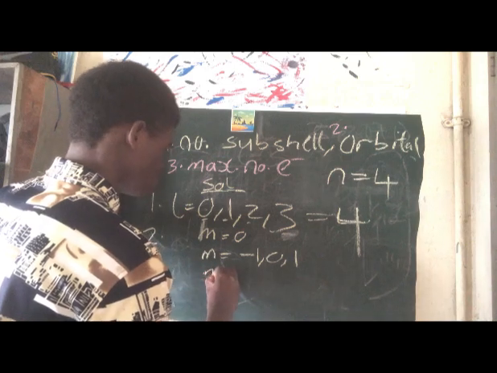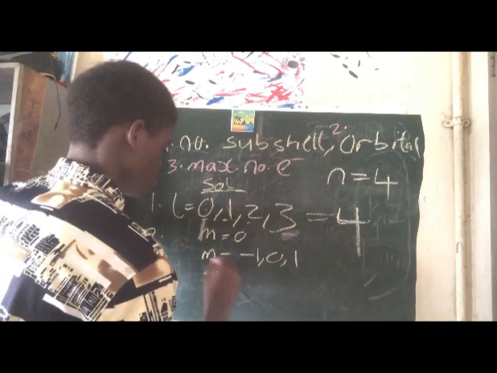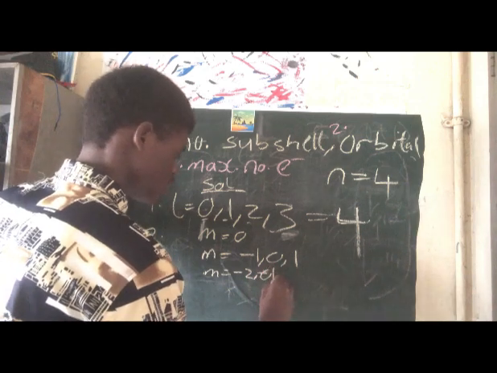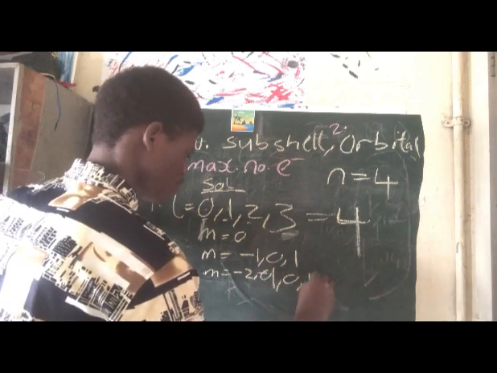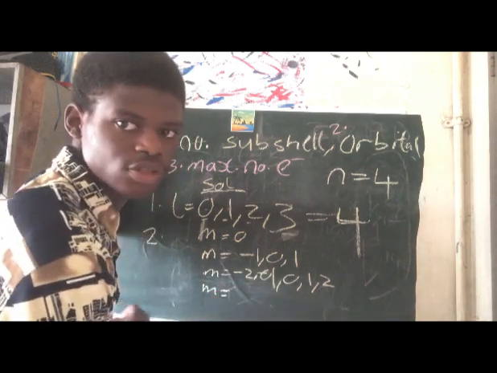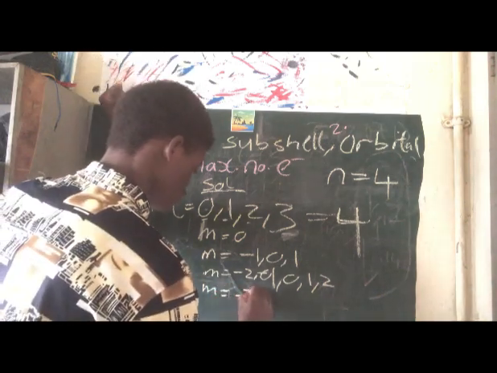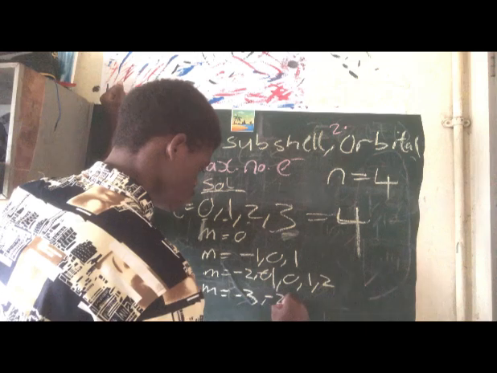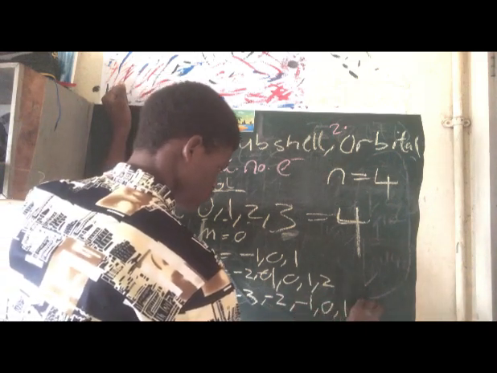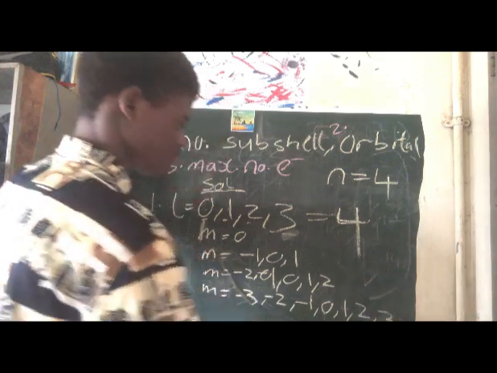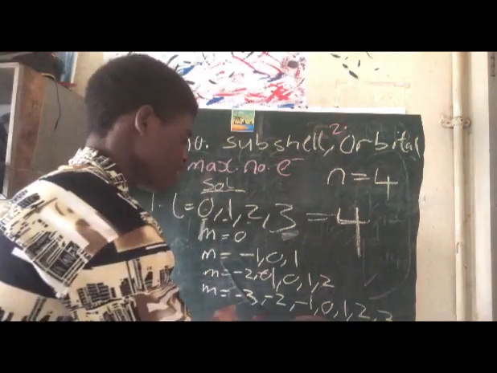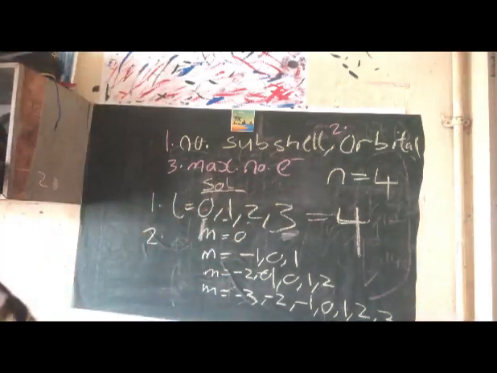When L is equal to 2, magnetic quantum number is minus 2, minus 1, 0, 1, 2. And when it was equal to 3, you see the board? Yeah, when it was equal to 3, it is minus 3, minus 2, minus 1, 0, 1, 2, and 3. So to get the orbitals, we now count everything like this.